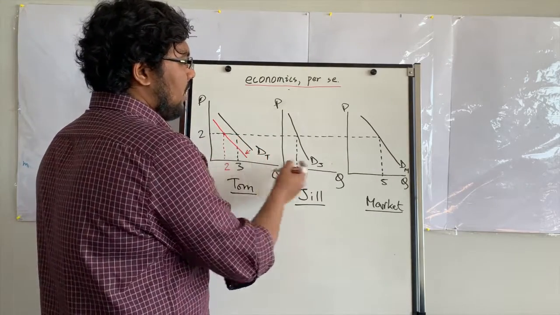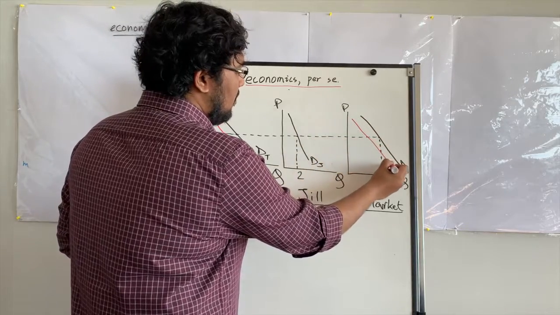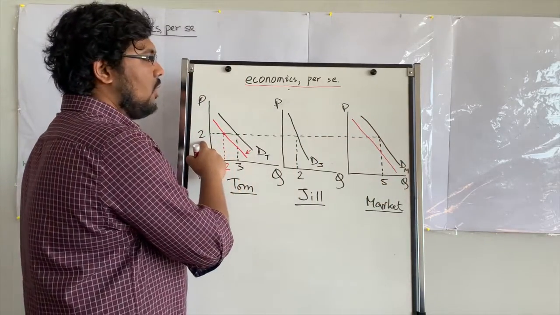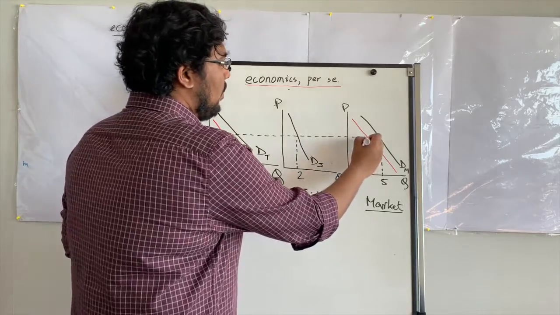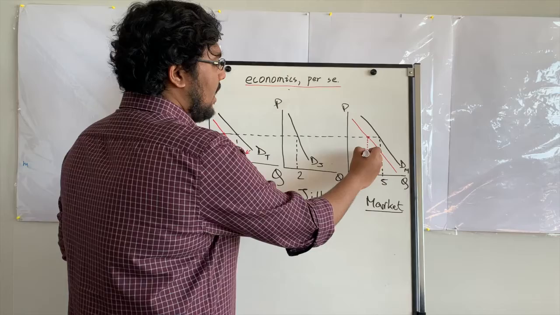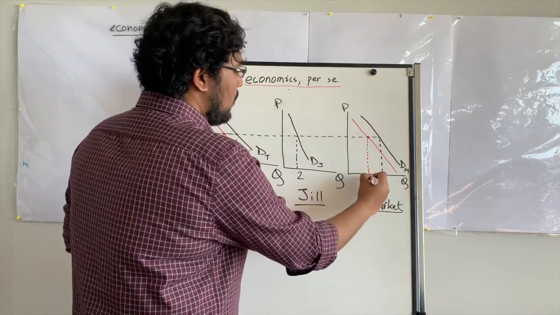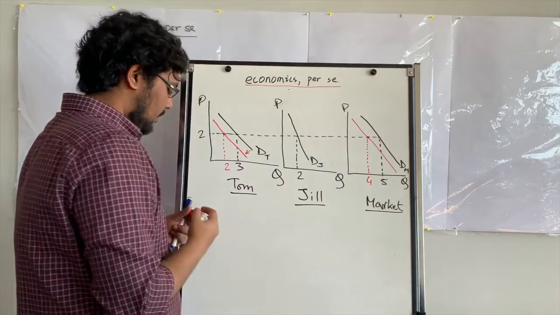And this would reflect here, where the market at the same price of $2 per kilogram would have a demand of, let's say, 2 plus 2, 4 kilograms of apples.